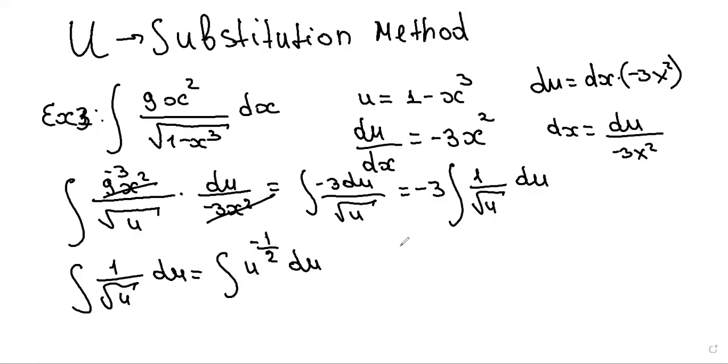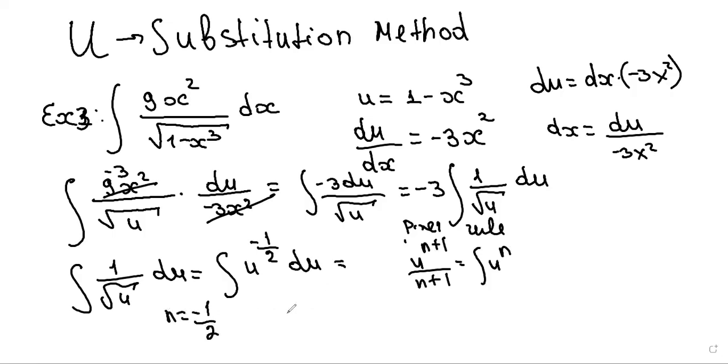Again, we apply the power rule, where n is negative 1 over 2, which gives u to the 1 over 2 divided by 1 over 2, which is 2u^(1/2), which makes 2 times the square root of u.